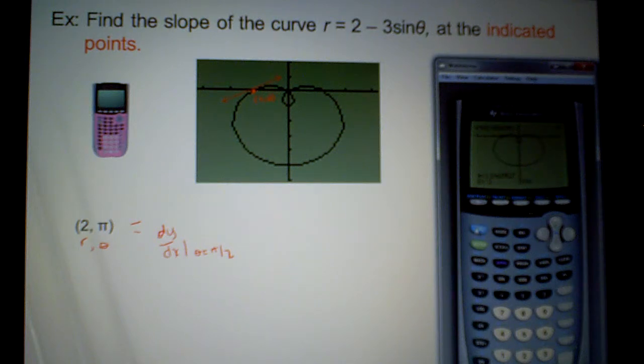Then if you go to second trace, choice 2 is dy dx. And there I am already at theta equals pi. And I said, what is dy dx? And there I have it.